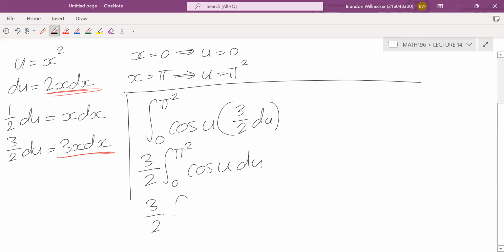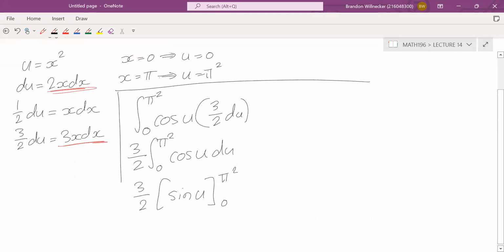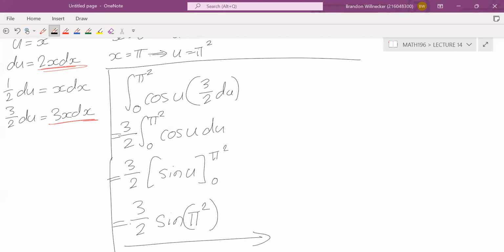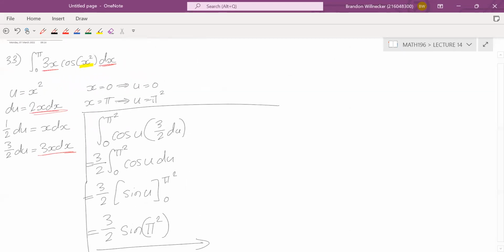So it's 3/2 sine of u from 0 to pi squared. So this just gives us 3/2 sine of pi squared. Because sine of 0 is 0, so we don't need to include that. Okay. Are there any questions on this u substitution?